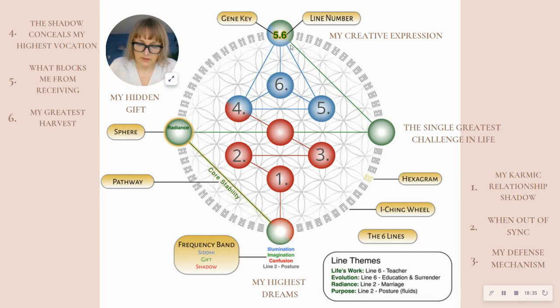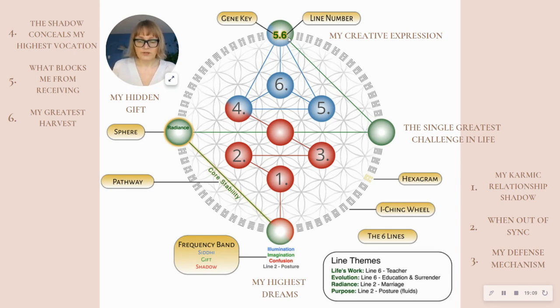The first one allows you to see how to express your highest gifts, and also your ideal arena of external work in the world, so your creative expression. The shadow comes when you lose touch with yourself.